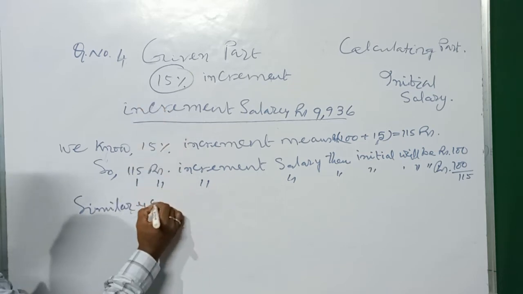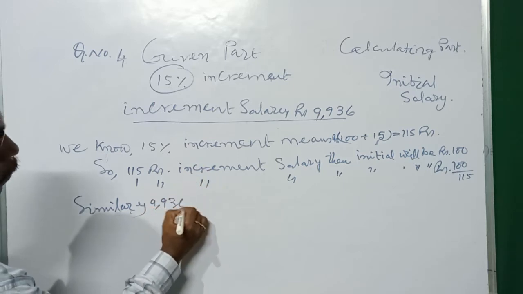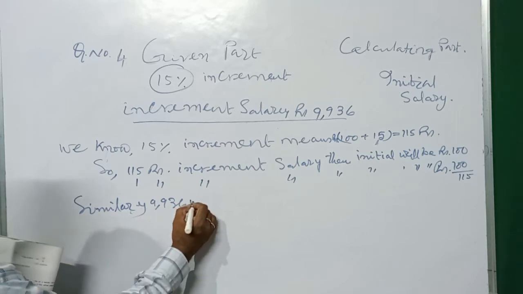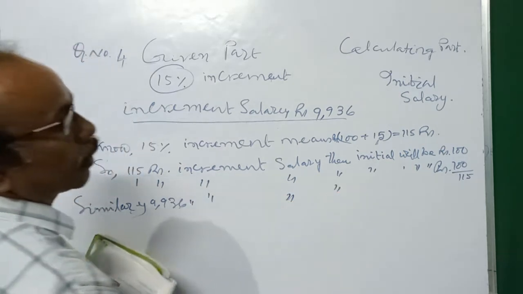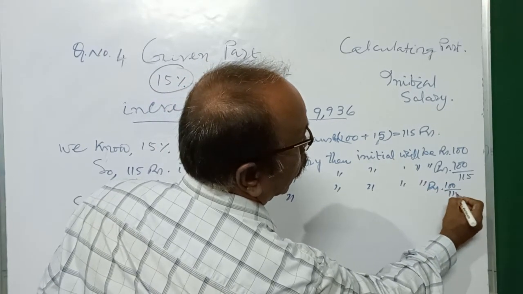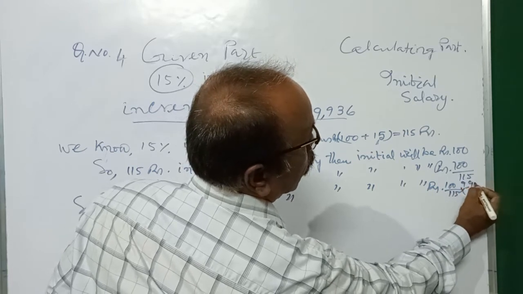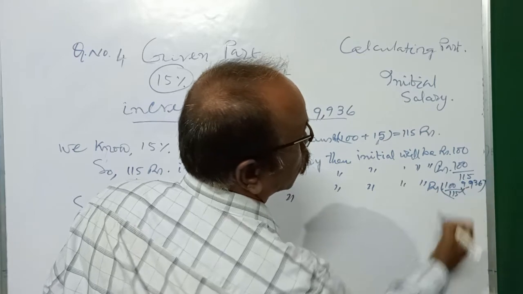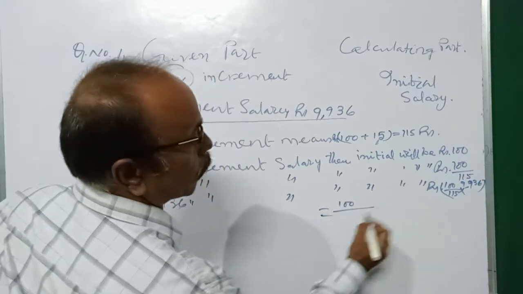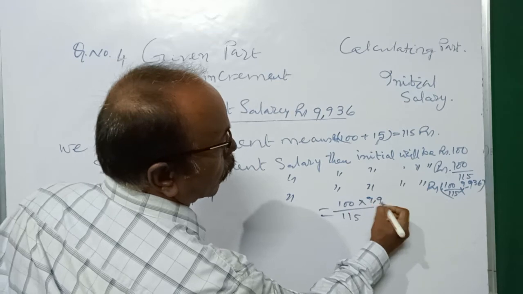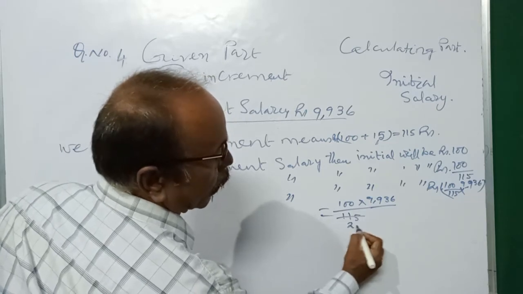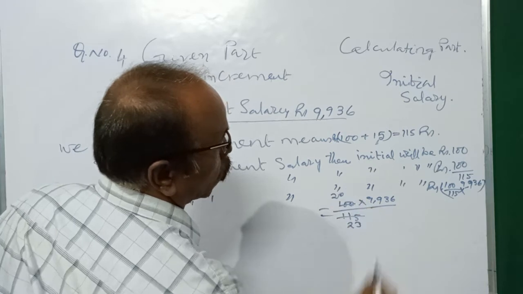Similarly, for rupees 9,936 incremented salary, the initial will be rupees 100 divided by 115 into 9,936. Am I clear? So we cross 5 2s are 10, 0.